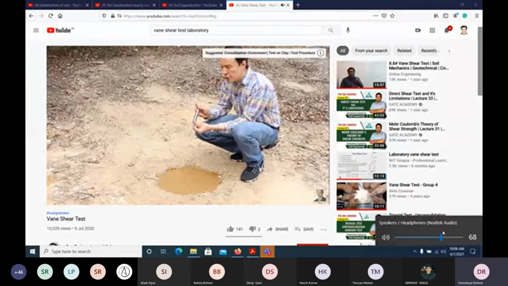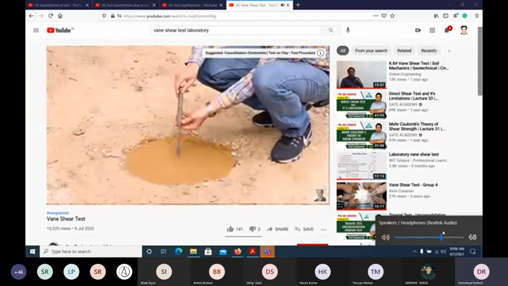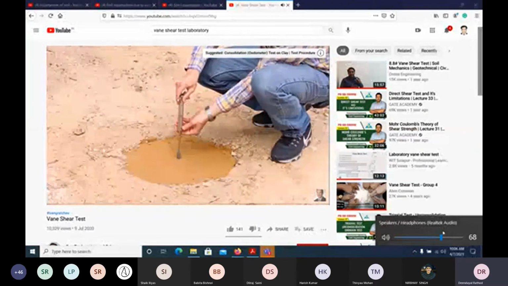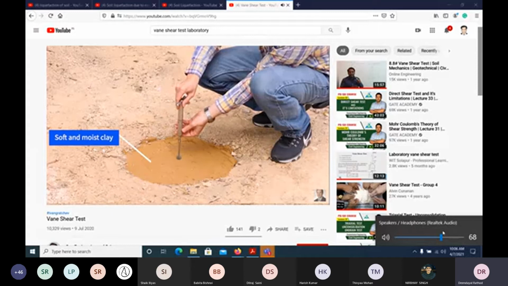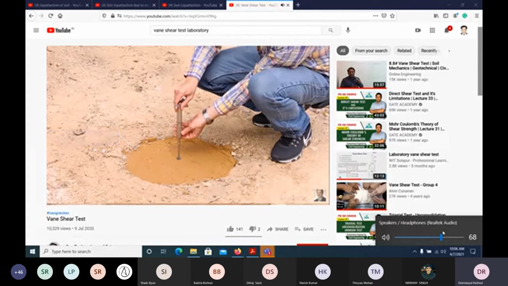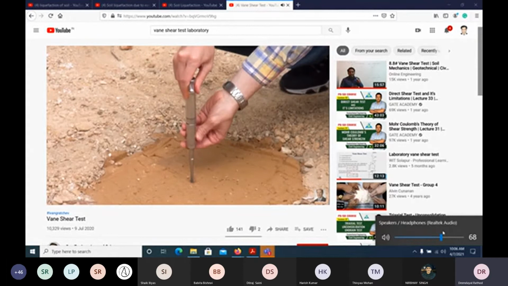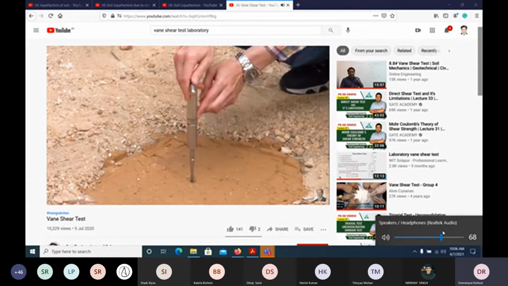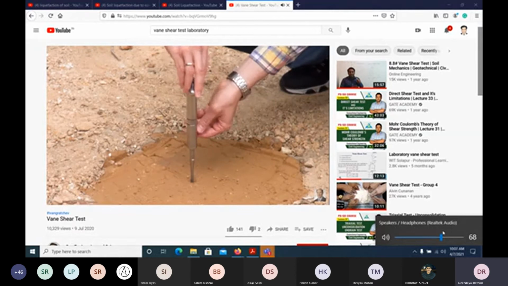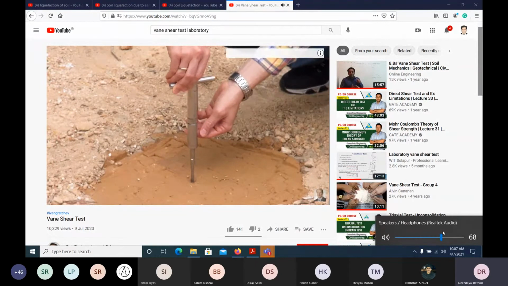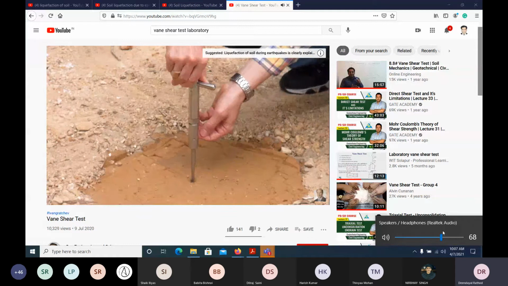I'll do the Windshear test on this soft soil. He himself prepared the soft soil and put the Windshear apparatus in the soil. We can put it half, so that the blades are also covered with soil. We make sure that the scale is set to 0, and then we slowly rotate at 1 revolution per minute. It is not directly connected, so it will not rotate by itself.